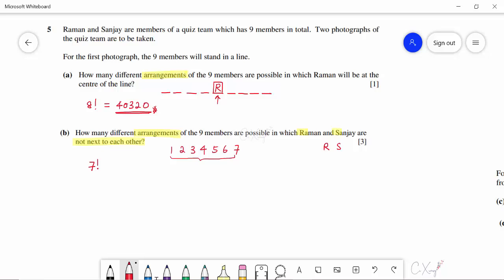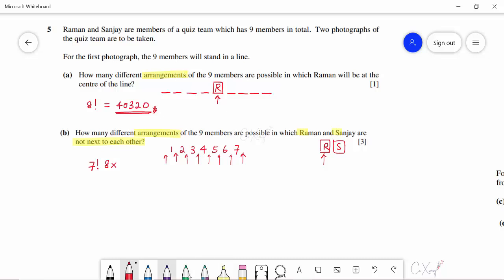After you arrange them, only then you try to put in Raman and also Sanjay. You can put them in one by one. So if I want to put in Raman, how many possible cases do I have here? I can put Raman here: 1, 2, 3, 4, 5, 6, 7, 8. So for Raman, you have 8 possible locations or positions to put him in.